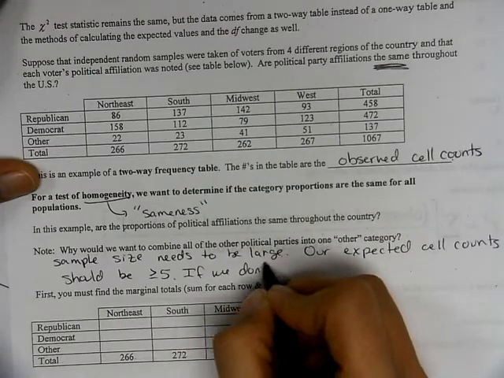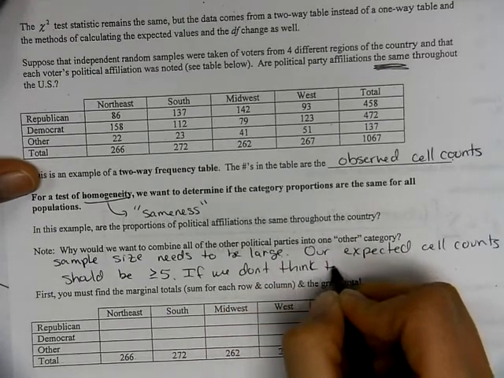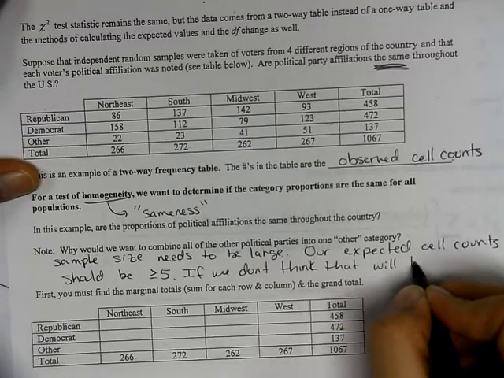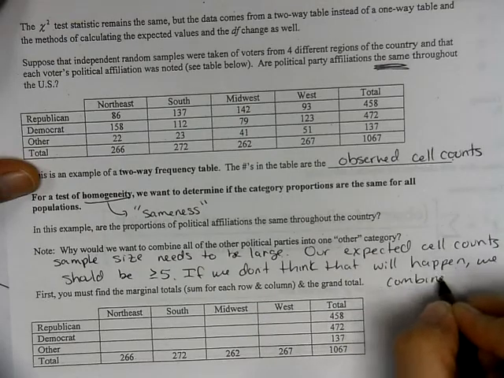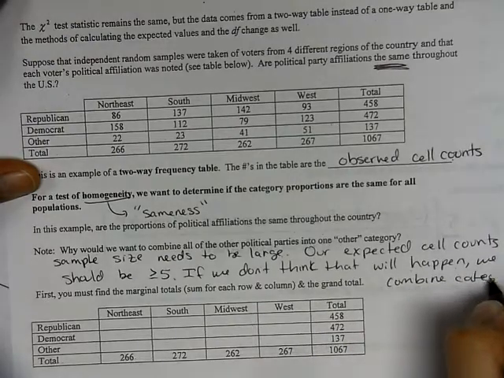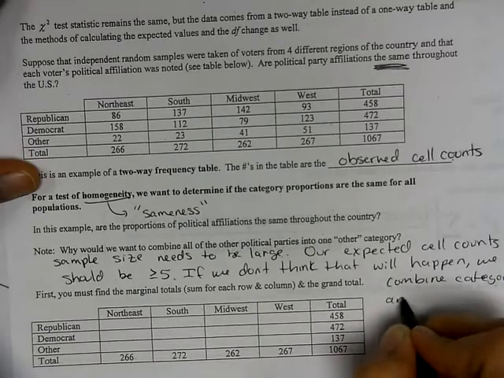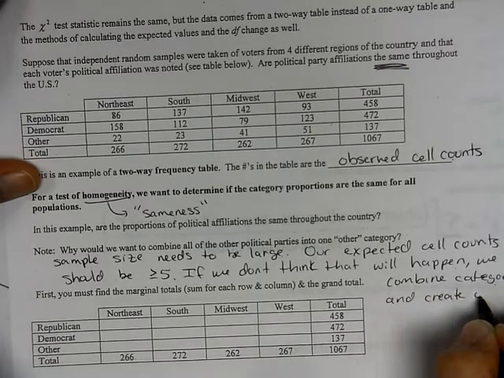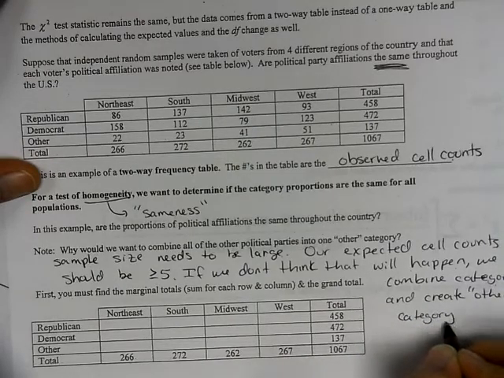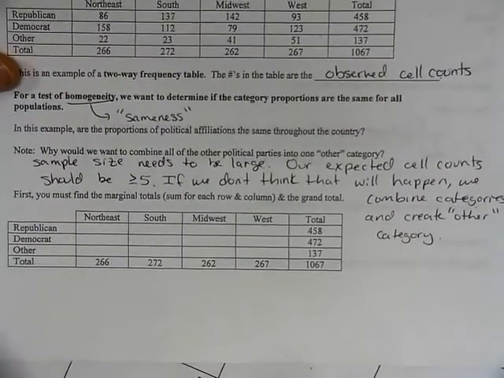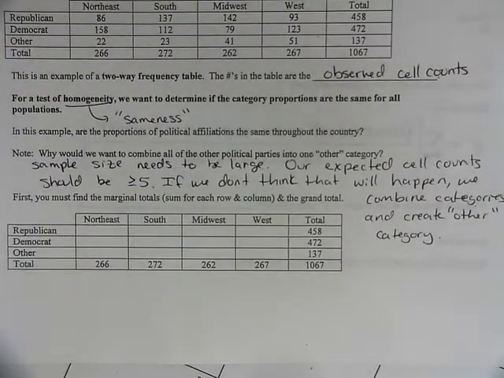If we don't think that will happen, we combine categories and create an other category. Okay, so it's kind of the way we cheat. So here we have 2 major political parties, and then everybody else just gets roped into that other category.